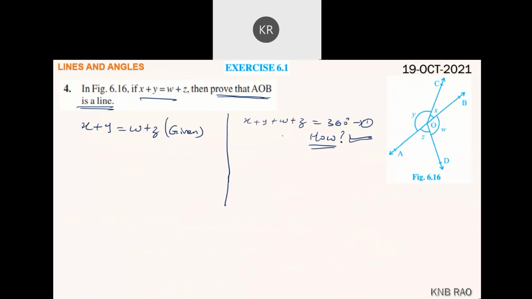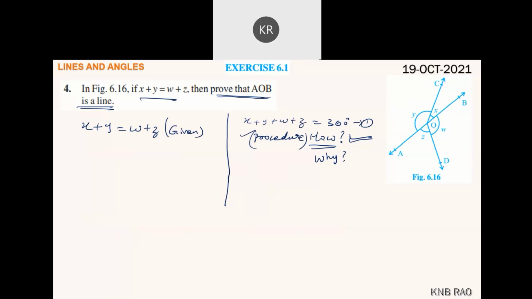How means procedure. Children, remember, if I am asking in your exams, normally when I cut marks, I will write how, why. If I am writing how, that means there is a requirement of writing procedure. For proving something, you require proving earlier.